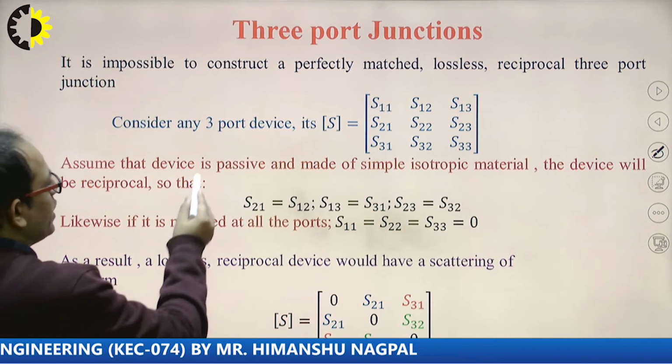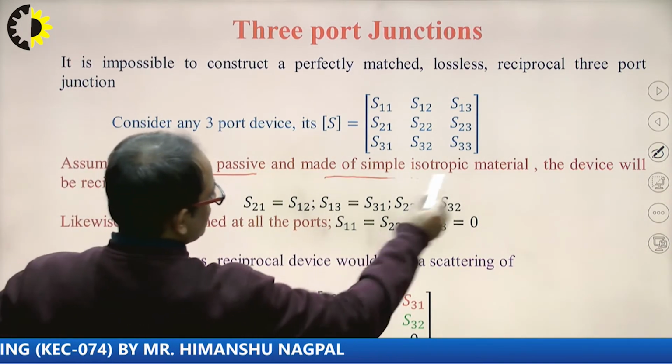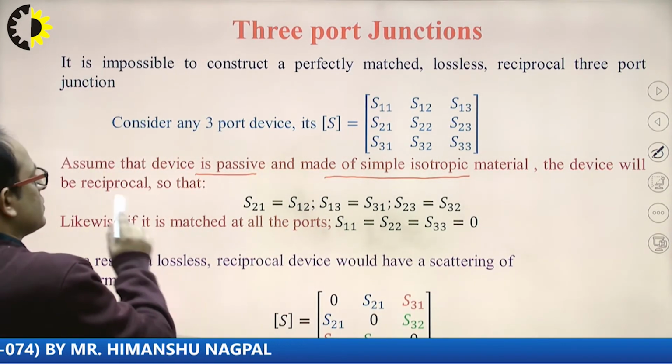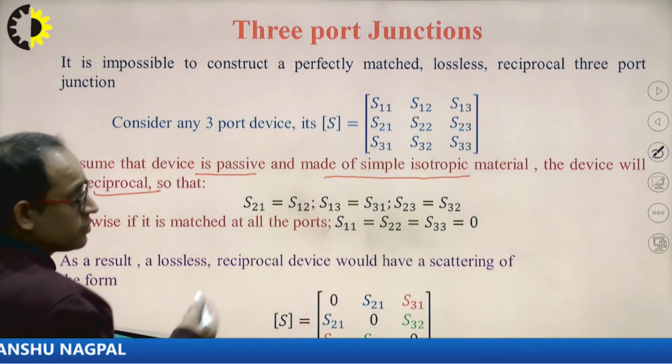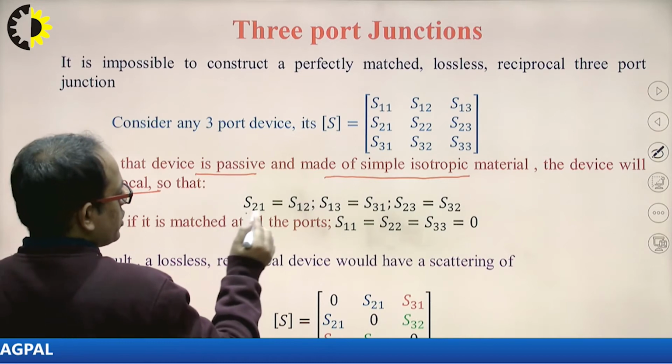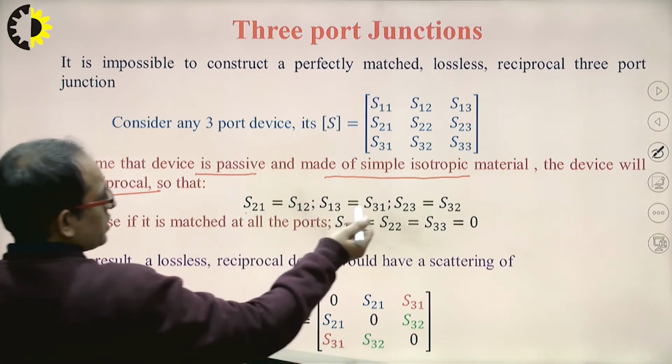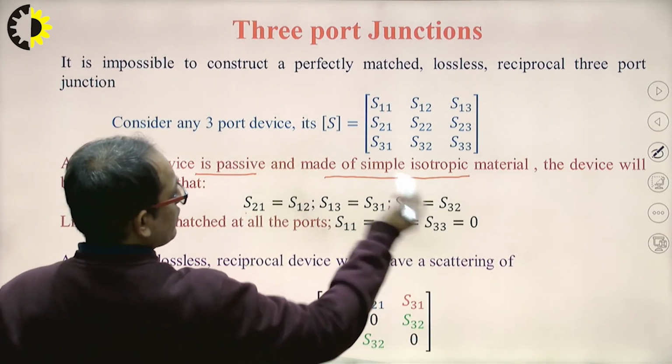Assume that the device is passive and made of an isotropic material, then the device will be reciprocal, because this is an S matrix property. S12 will be equal to S21, S13 will be equal to S31, S23 will be equal to S32.